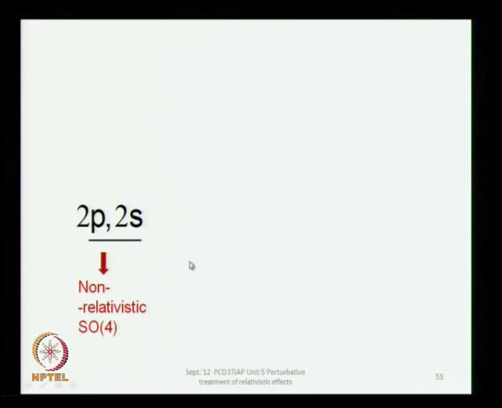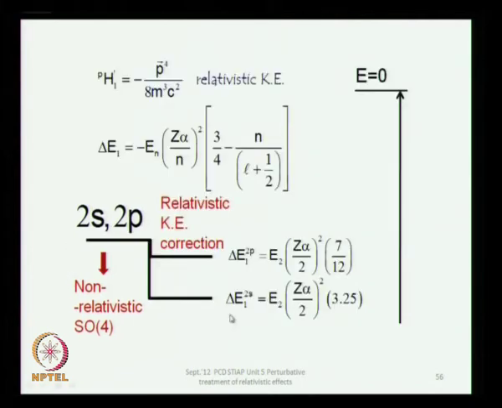Now let us see what effect it has on the energy levels of the hydrogen atom. The 2p and 2s in the hydrogen atom are degenerate. The reason they are degenerate is because of the SO(4) symmetry of the hydrogen atom. Now if you take into account the relativistic kinetic energy correction, then this term alone, if it was the only term, would give you different energies for the 2s and 2p.